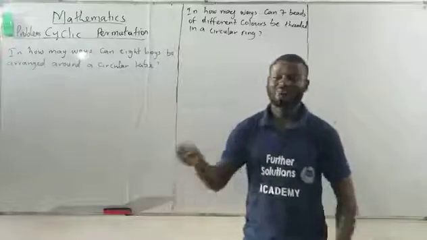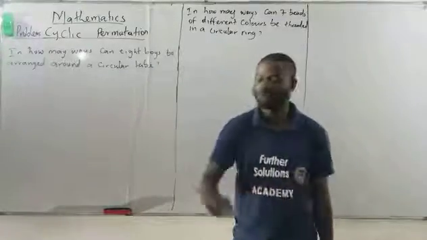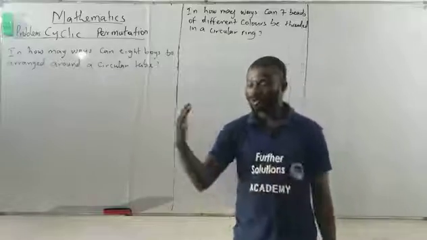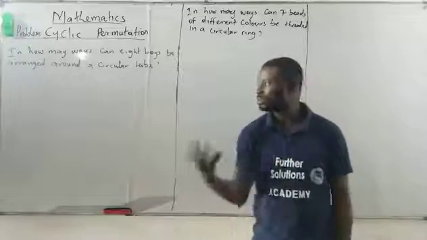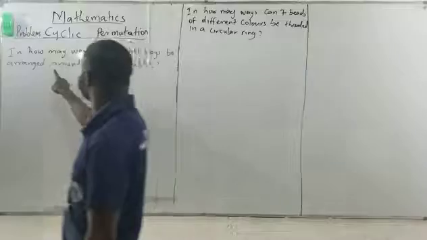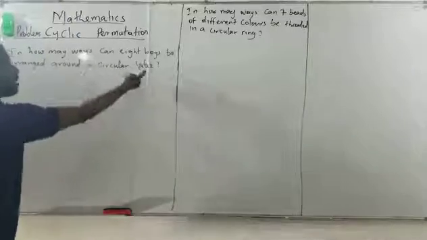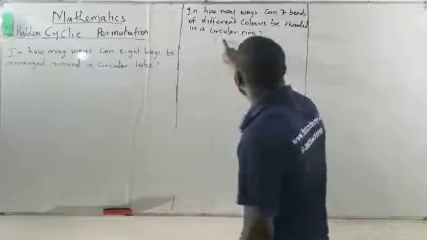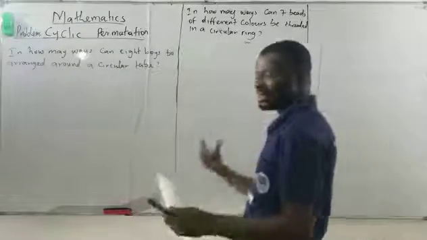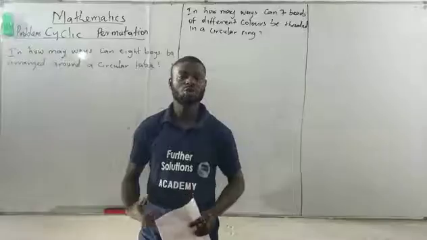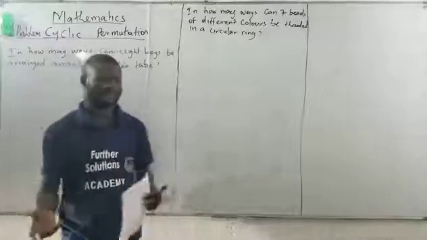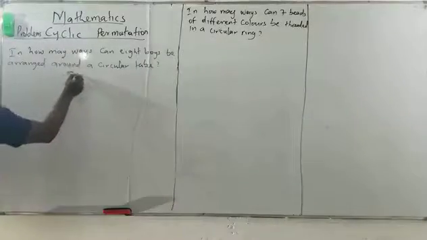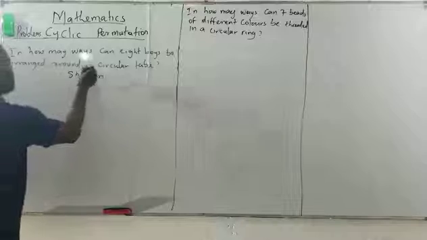Anytime you are solving a problem or you're in an exam hall and you see a question that has something circular, like around a circular table, or a circular ring, it shows that you are working towards cyclic permutation.